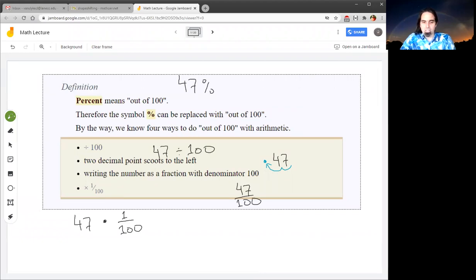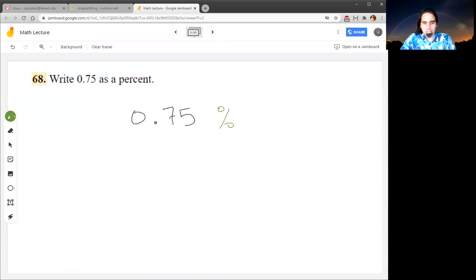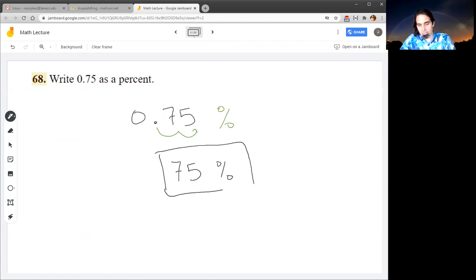And again, the easiest thing to do is scoot the decimal point. So the opposite of two scoots to the left will be two scoots to the right. So if I put that on, then I'm also going to have to do two scoots to the right to balance things out. So we're back where we started. Now I haven't changed the number. So there's my answer for that.